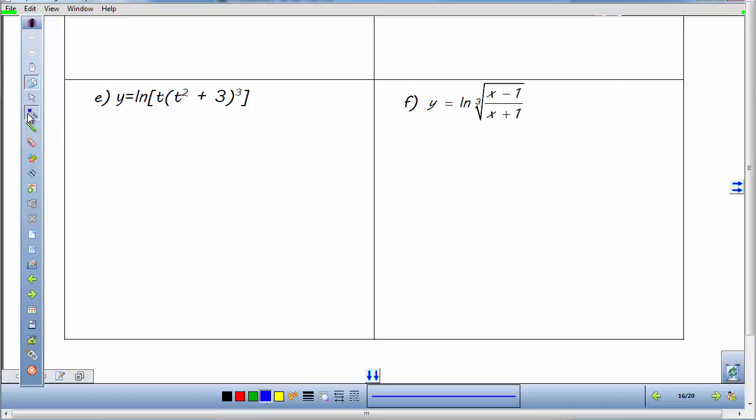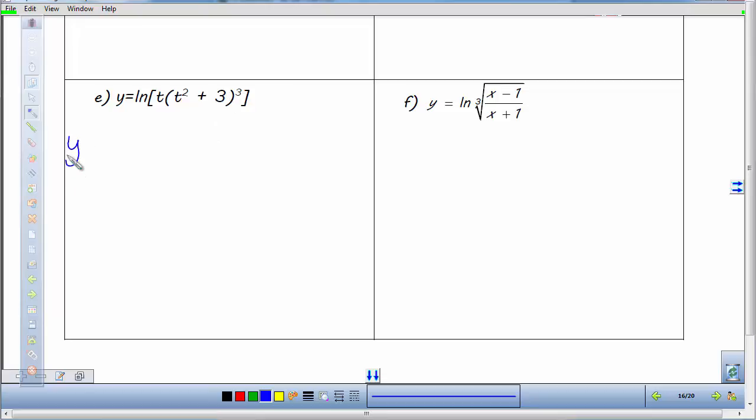Chain rule. Very good. Because we're going to have to use a lot of things. We've got the natural log, then what's on the inside of the natural log, and this thing on the inside is a what? Product. And then we even have this thing that has a power. So this is going to be fun.